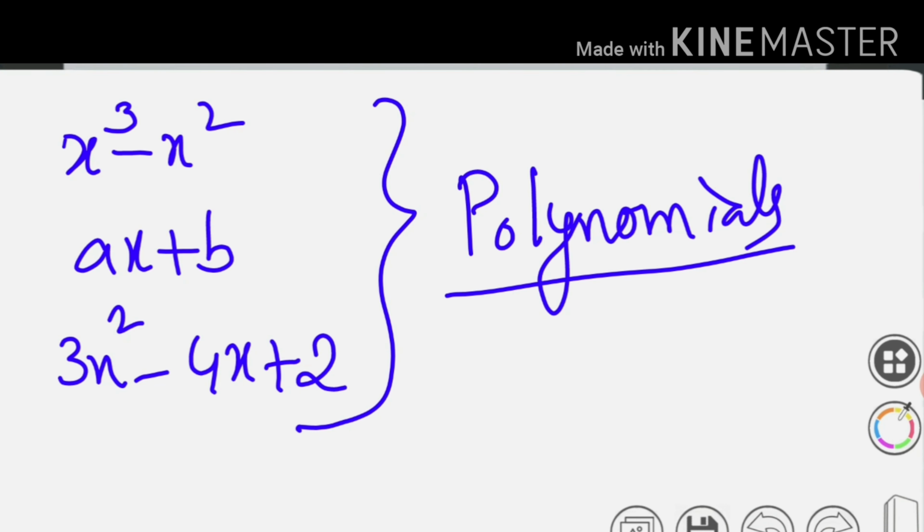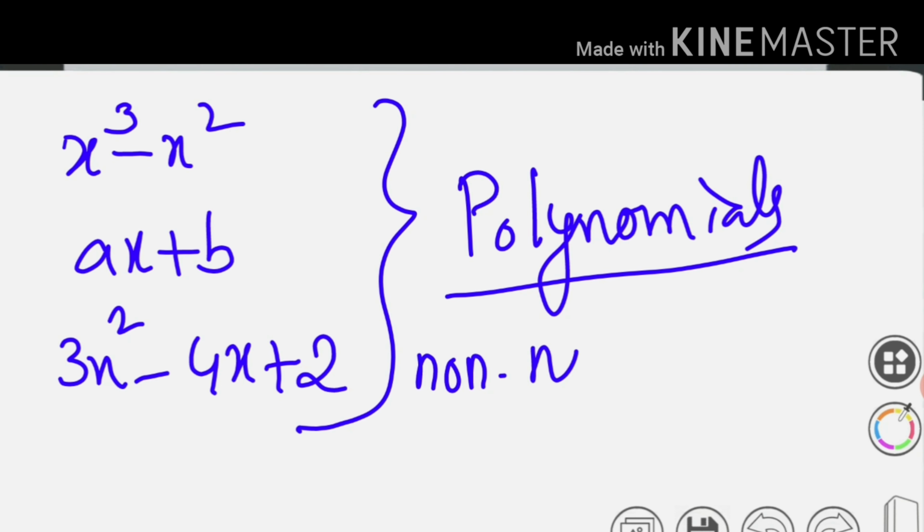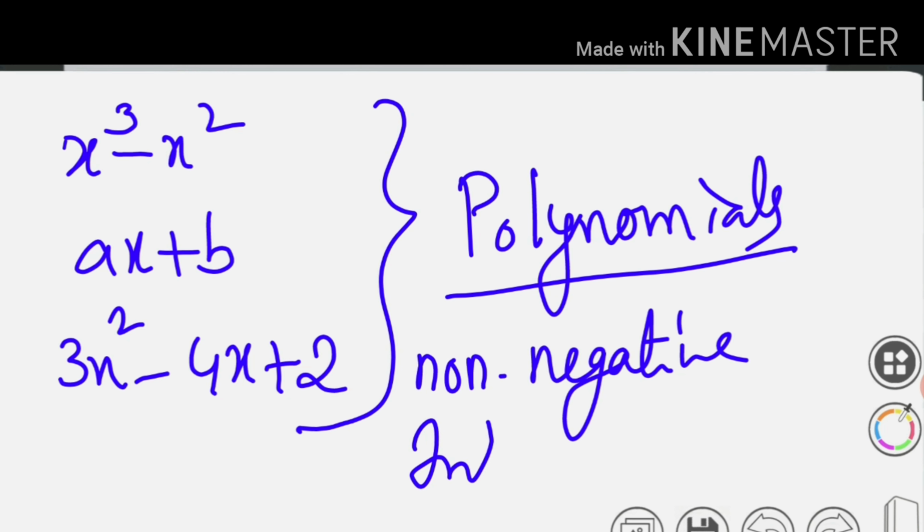If you observe, every power of the variable x must be a non-negative integer. Then those algebraic expressions are called polynomials.